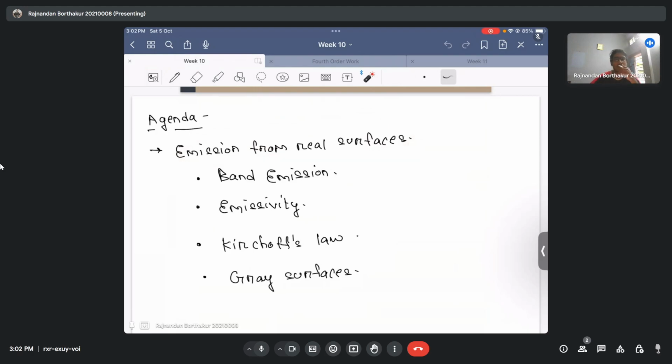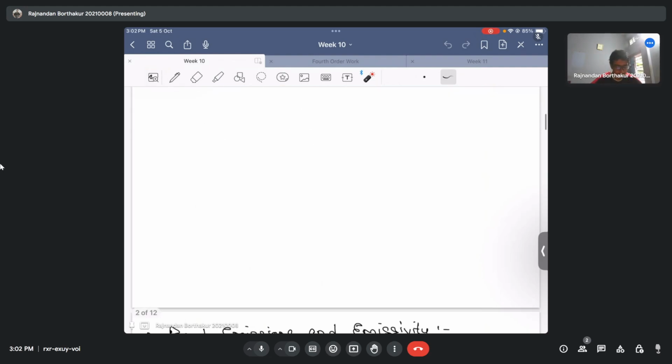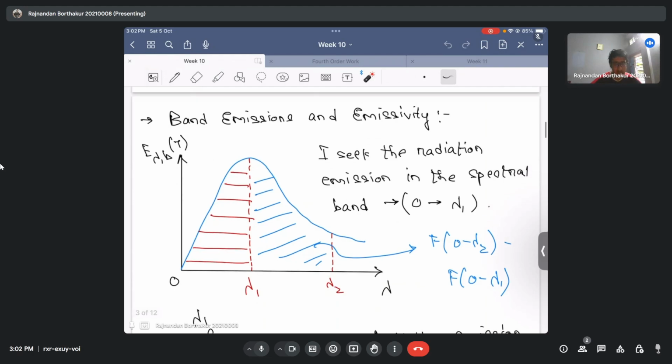But before that, we looked into an important perspective of radiation heat transfer, which is known as the band emission. This band emission was equally true for any objects, be it a black body or any real surface. We looked at it from a mathematical perspective and a graphical perspective as well.